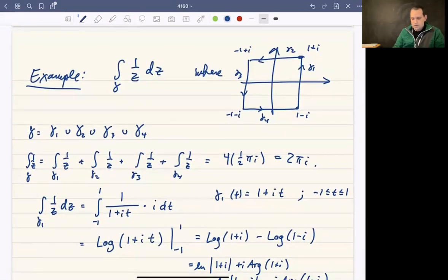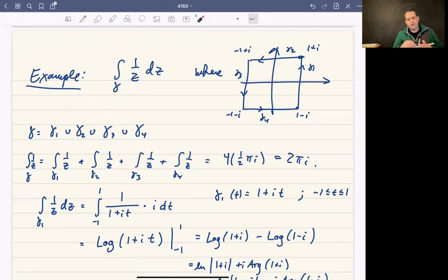But notice that if I look at this function f, it is holomorphic over the entire complex plane except at 0. So I want to think about what's another simpler curve that we could change gamma into.